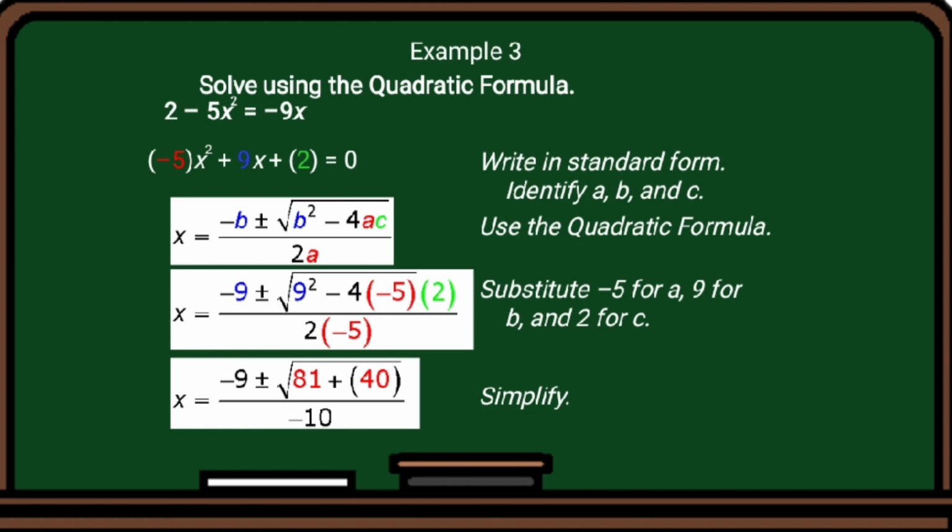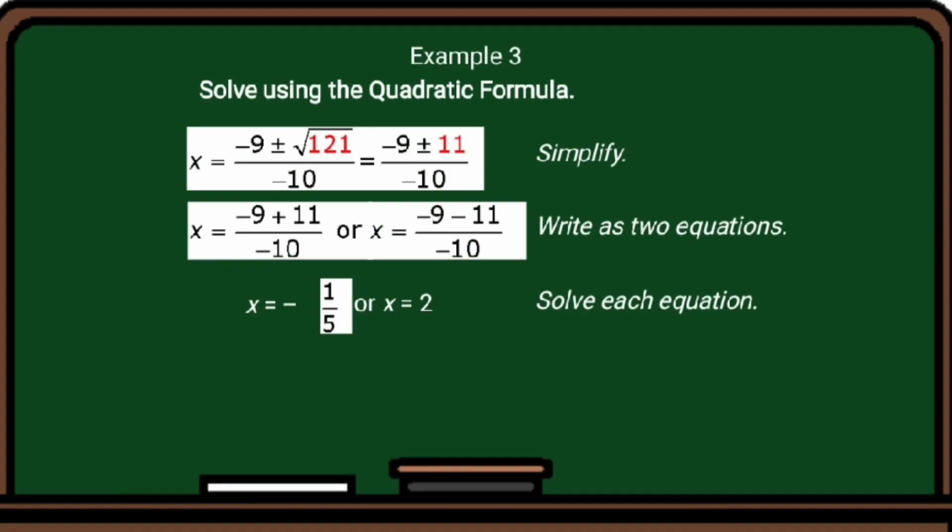Then, we simplify. X is equal to negative 9 plus or minus the square root of 81 plus 40 all over negative 10. Then, we simplify again. X is equal to negative 9 plus or minus the square root of 121 all over negative 10. Then simplify again.